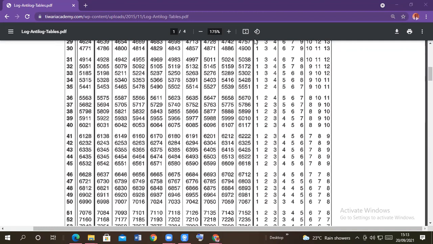Column of 7. This first column is of 0, then 1, 2, 3, 4, 5, 6, and 7.